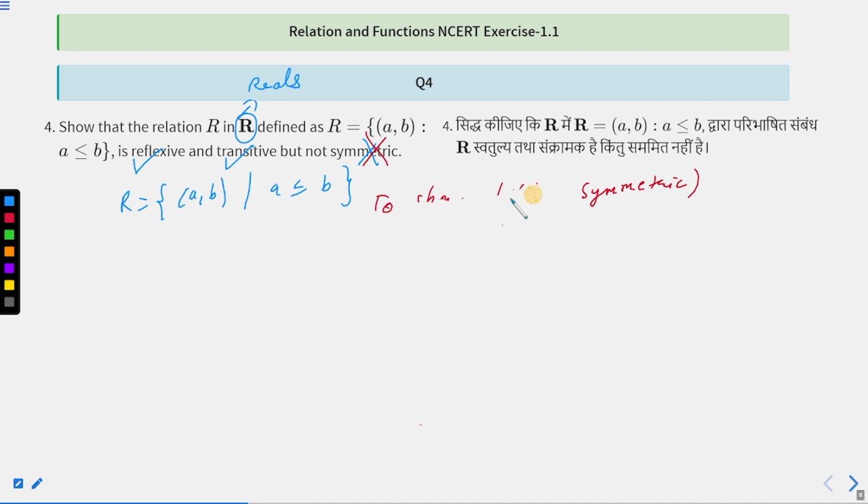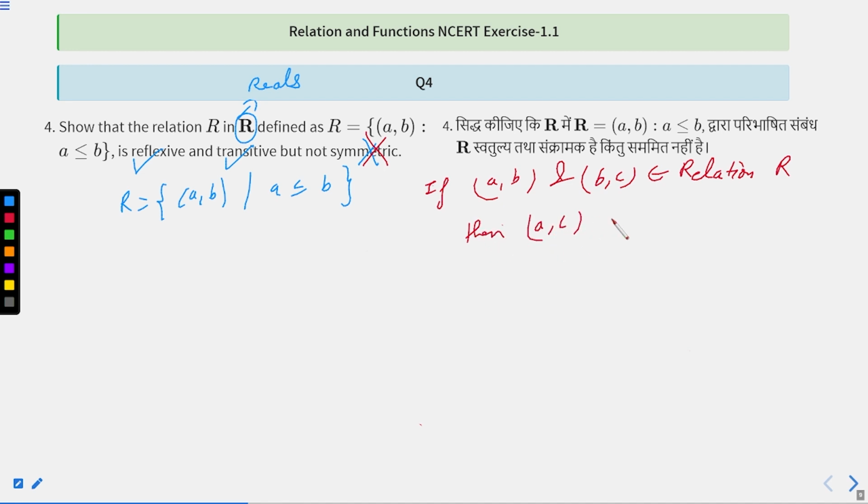The transitive relation definition is: if the AB and BC pairs both belong to the relation R, then AC must also belong to the relation R for every A, B, C belonging to the set. Which set am I talking about here? The set of reals, because R is a subset of R cross R.